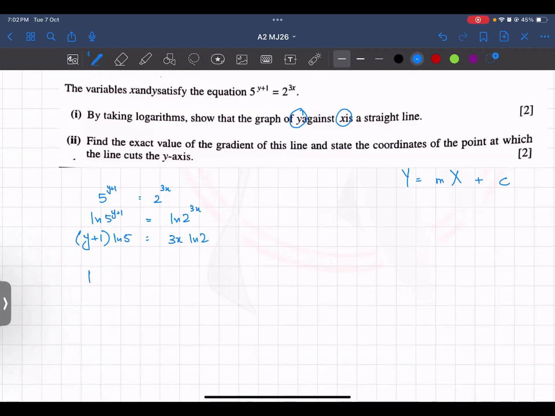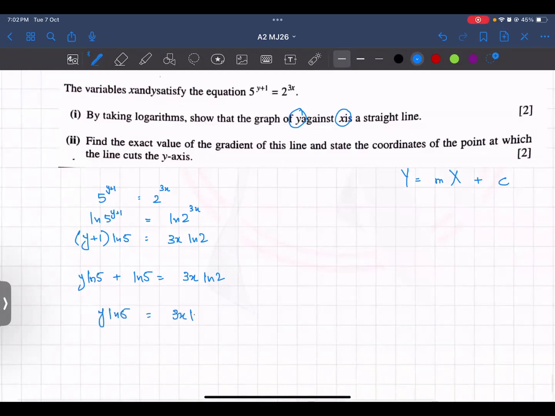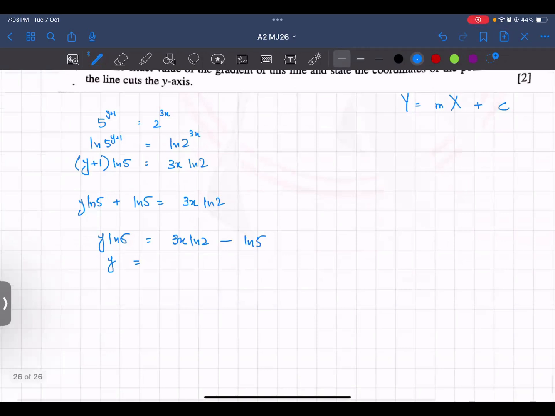And then ln y ln 5 plus ln 5 is equal to 3x ln 2. Move everything to one side. So y ln 5 is equal to 3x ln 2 minus ln 5. So y will be 3 ln 2 upon ln 5 x minus ln 5 upon ln 5, isn't it?